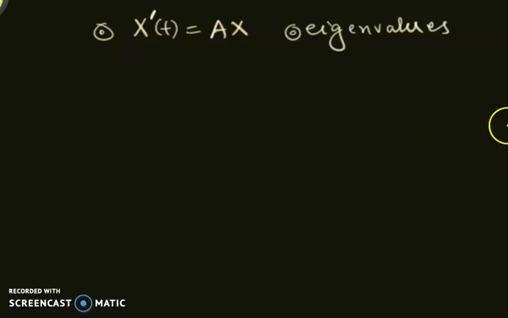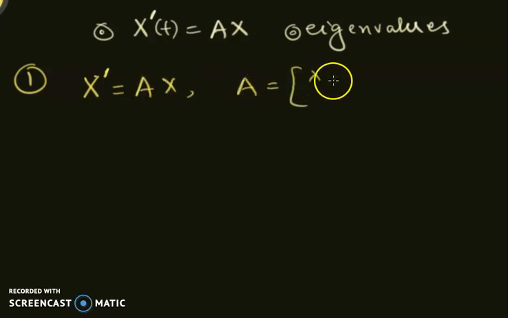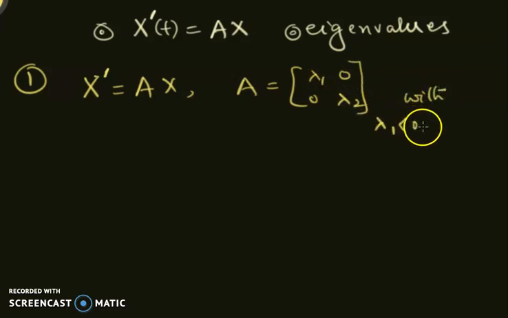So let's first consider case one, or example one. Let me consider one particular system where x prime is equal to Ax, where A is given by the matrix lambda 1, 0, 0, lambda 2, with lambda 1 less than 0 and lambda 2 greater than 0.